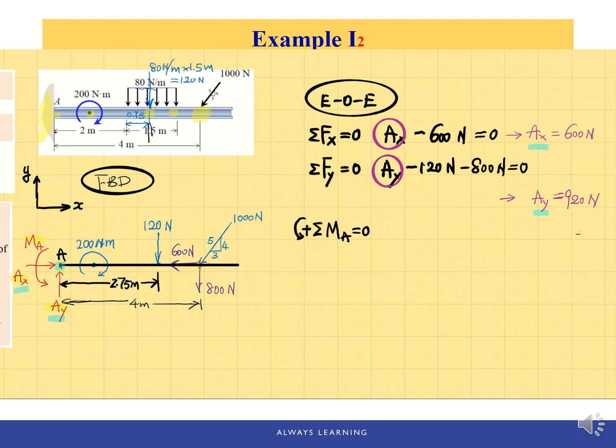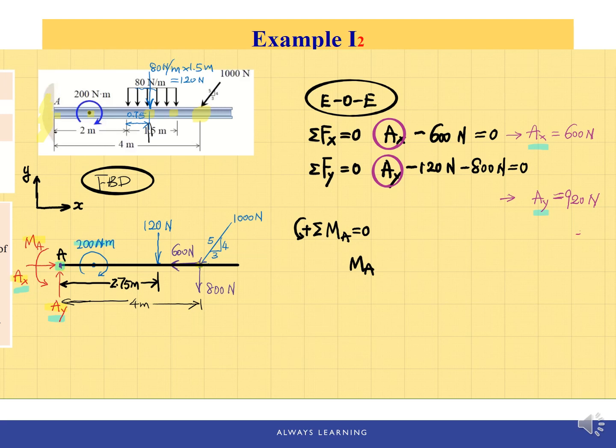So the first one we have is MA. That's a couple moment. That's the unknown, MA, and we assume it is a counterclockwise rotation. And next is the 200 Newton meter couple moment. Again, recall that we said a couple moment is a free vector.